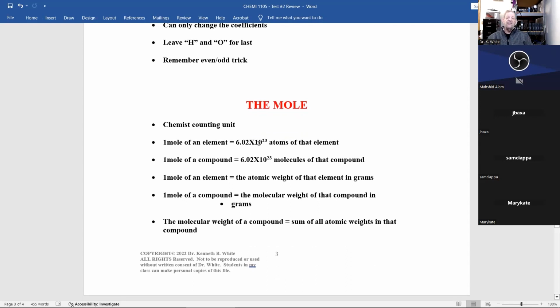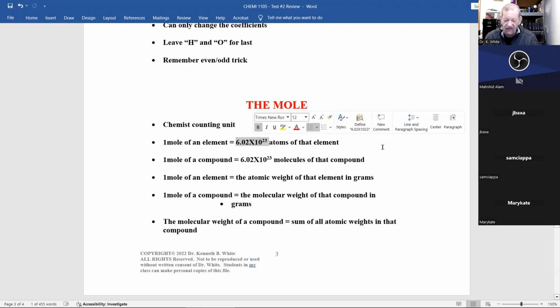Now we got into some really exciting stuff. The mole. And I'm not talking about a furry little animal that digs holes in the ground. The mole is, and you should know, the chemical counting unit. Now, there are different ways of defining a mole. 1 mole of an element is Avogadro's number, a number named in honor of Avogadro, an Italian scientist.